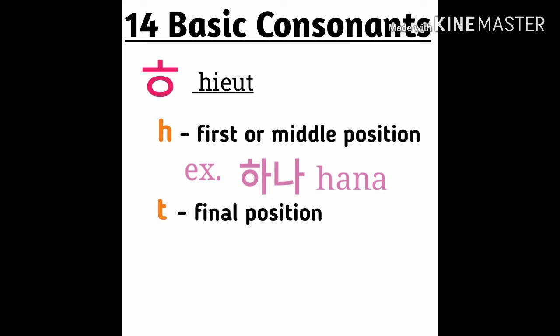Another rule is, when hiut is placed in the final position, it will sound as t, letter T. For example, in this word, hiut is placed in the final position, so we will pronounce this word as mot.